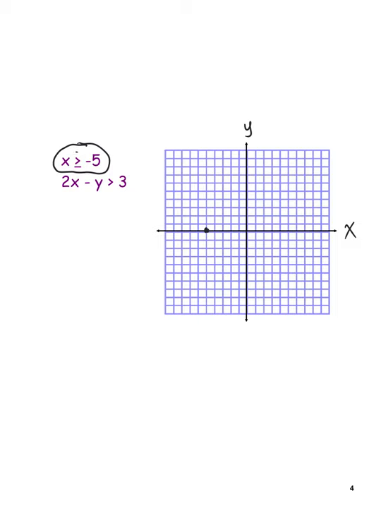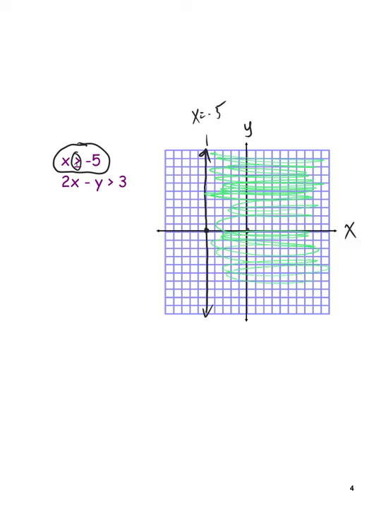So what I'm going to do is this is greater than or equal to. I am going to draw a vertical line. The line I've just drawn is the line x equals -5. But it's greater than or equal to -5, and I just know right now that since 0 is greater than -5, I am going to shade this to the right. And I'll shade with the green this time to try and make it a little lighter.